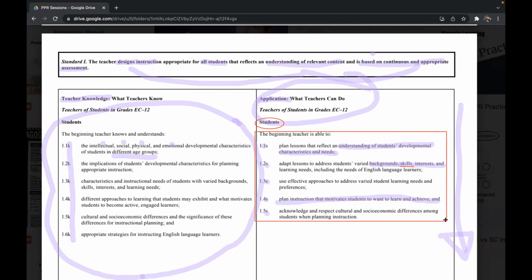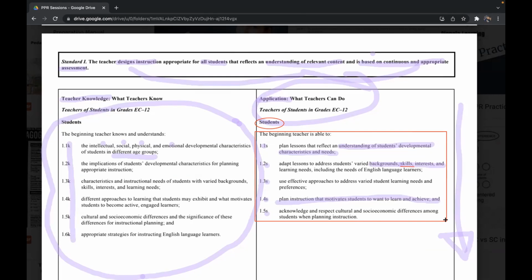You understanding students, their backgrounds, their skills, their interests, their learning needs, and the needs of ELL learners, but not just knowing it, utilizing it and planning for activities and exercises that would help them be successful in your lesson based on who you have in the classroom.